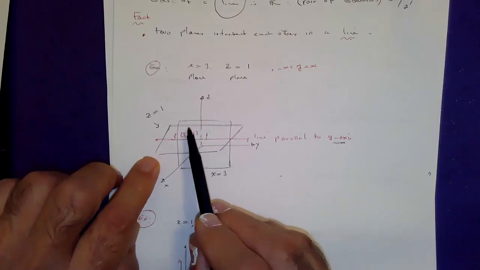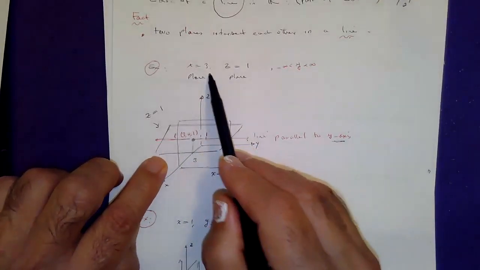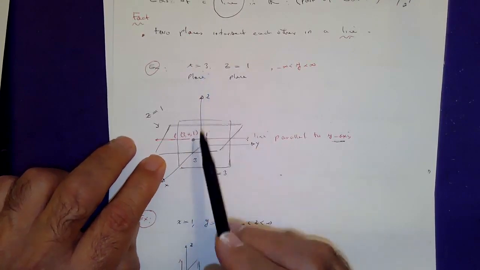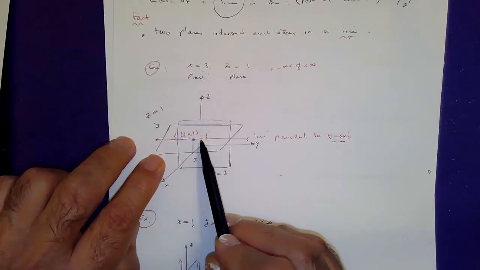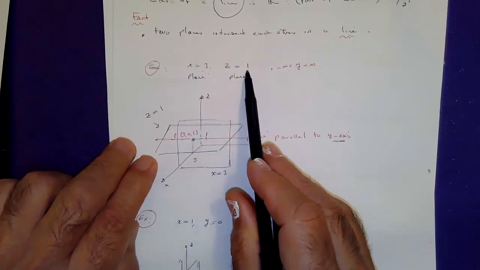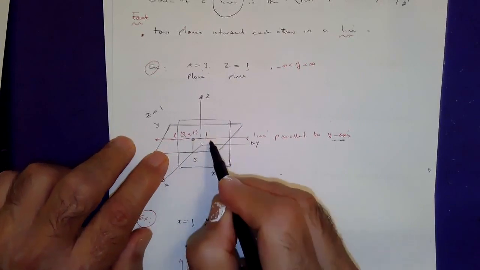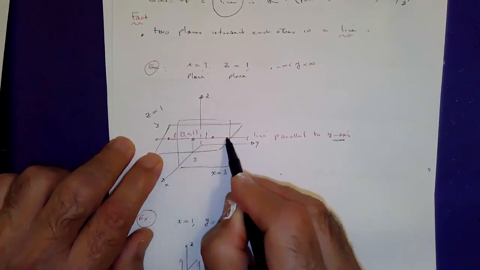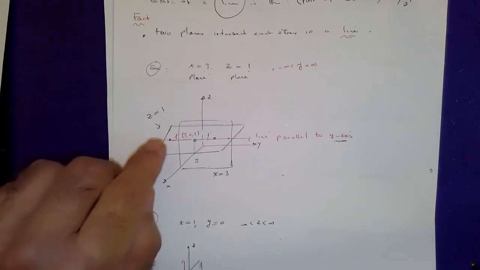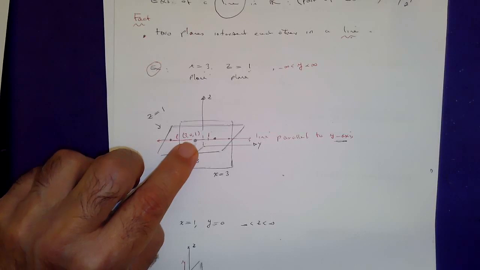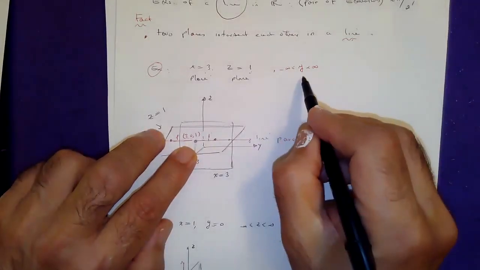One of those points happens to be 3, 0 for y, and 1 for z. So it's one of those points. Remember, we have infinitely many points on the line. So the other one could be, I don't know, 3, let's say 2, 1.